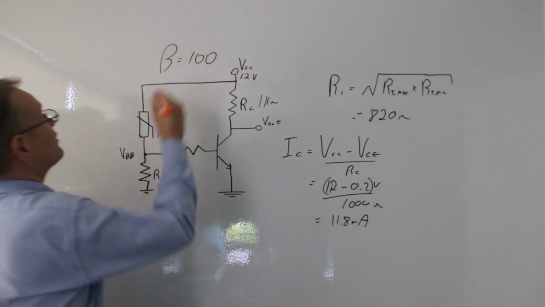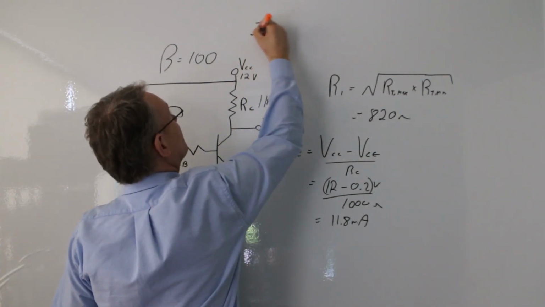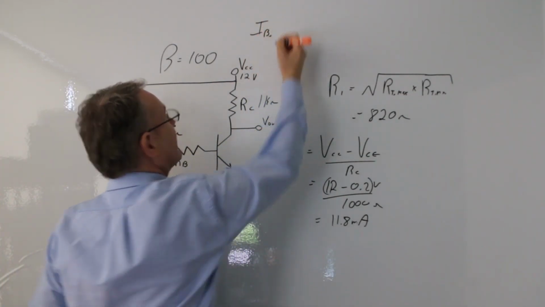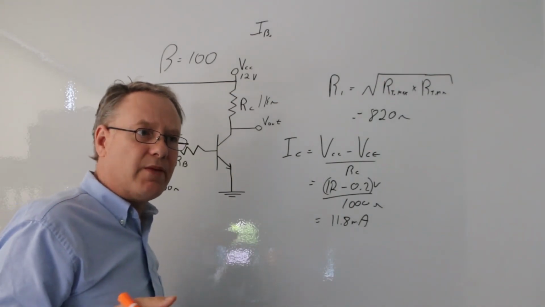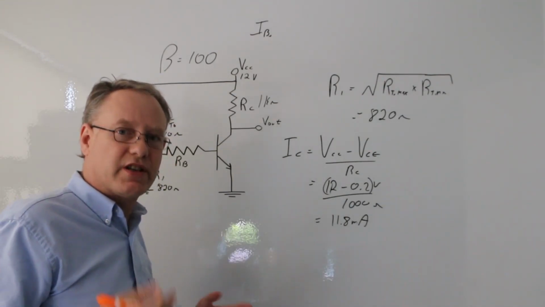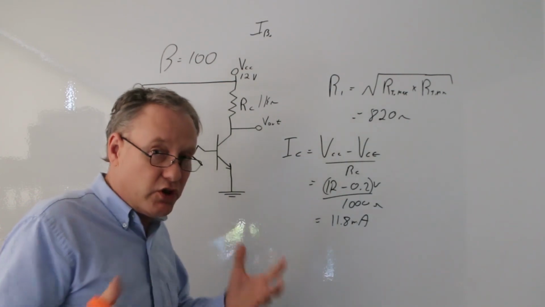So now I can calculate how much current I need to go through here to fully saturate this. That's easy. I'm just going to do this over here. So I'm going to say my IB, but I need to use some other terms here. My IB maximum, for saturation, because I have to look at the current in two situations.